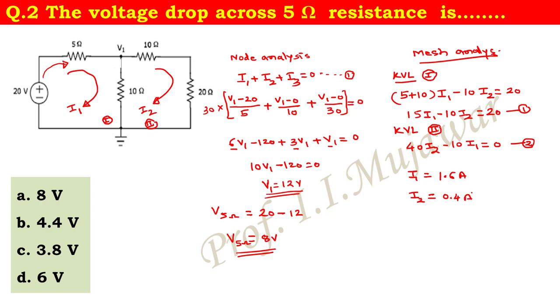Now the question is to find the voltage drop across 5 ohm. That means V5 ohm, by using Ohm's law, is 5 ohm multiplied by the current flowing through 5 ohm. The current flowing through 5 ohm is nothing but I1. So it is 5 ohm multiplied by I1, that is 1.6 ampere, which is equal to 8 volt.